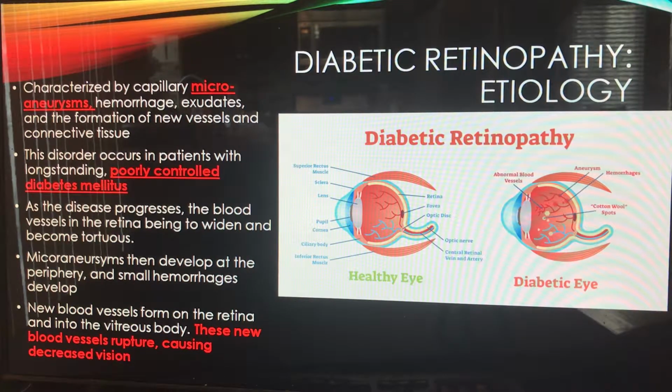The new blood vessels form on the retina and into the vitreous body. The new blood vessels rupture, causing decreased vision. So they form these little hemorrhages, and when those rupture, it leaves a scar. The scar is what's blocking their vision.